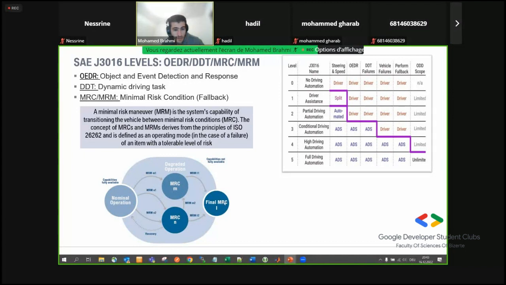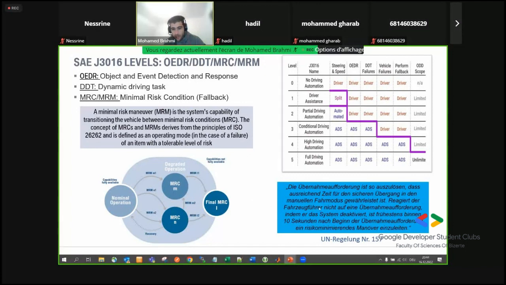Minimum risk condition means, for example, staying or stopping the car at the most right lane. This is a minimum risk condition, and of course we need minimum risk maneuvers to get from one minimum risk condition to another. Just so that we have seen that, and how this is defined in the ISO standards.